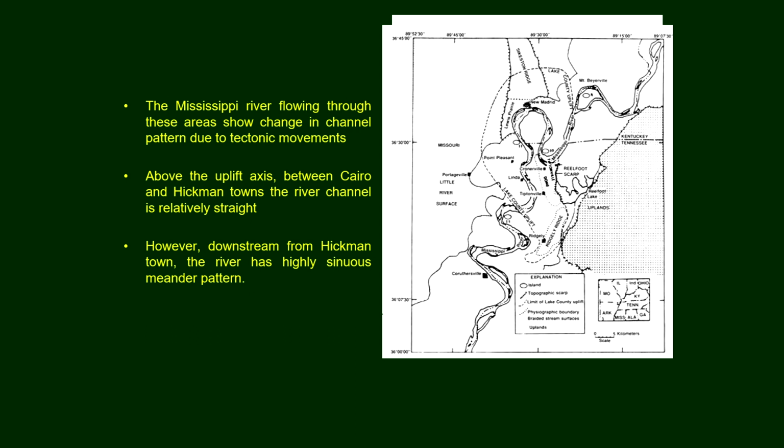This was a very common example observed in this area, and it was related to tectonic deformation. In the upstream side you have a reduction in sinuosity because of the reduction in gradient, and in the downstream of the uplift you have an increase in sinuosity. This is one very good example of the Mississippi River from the New Madrid region.